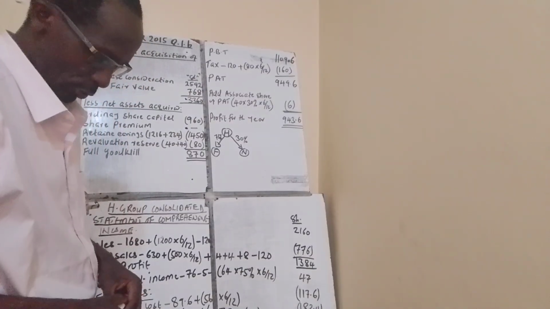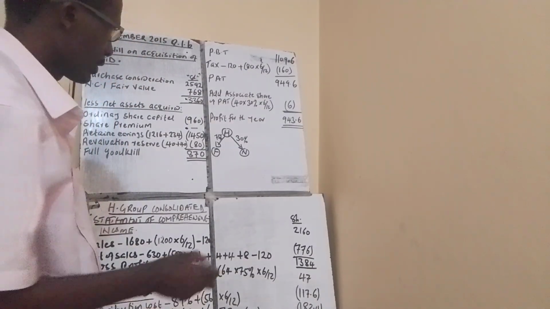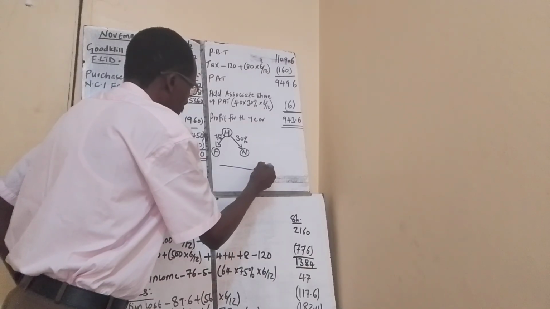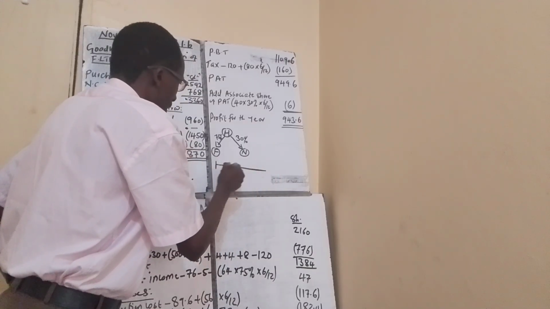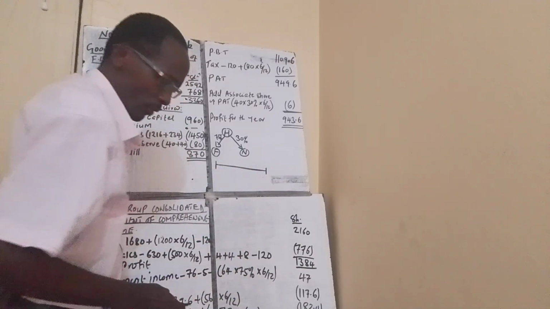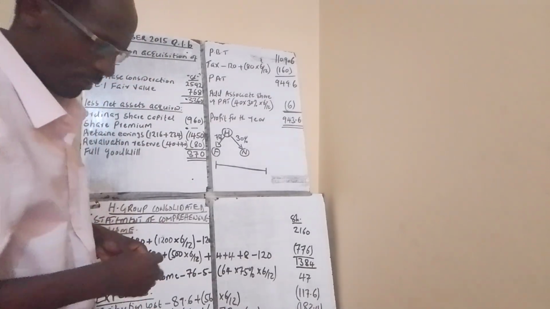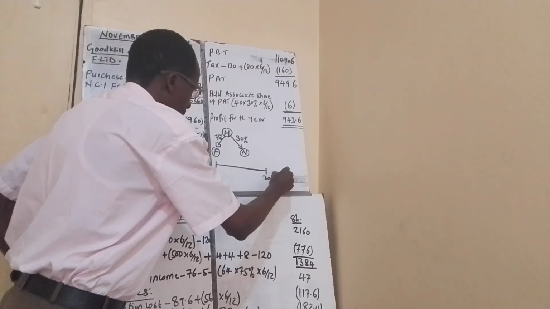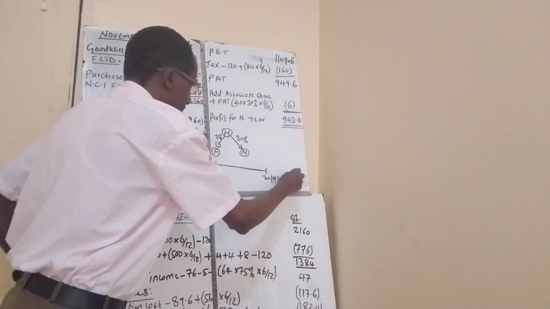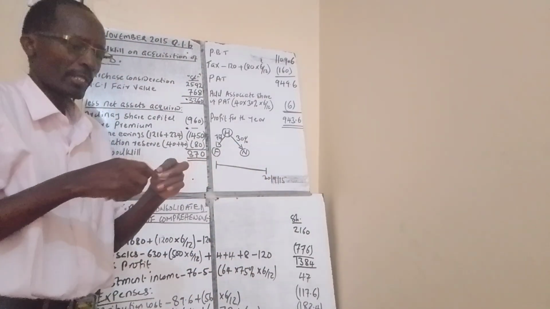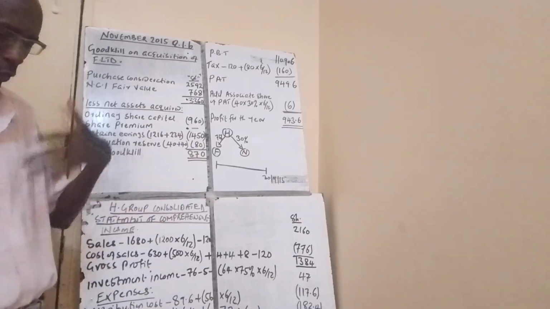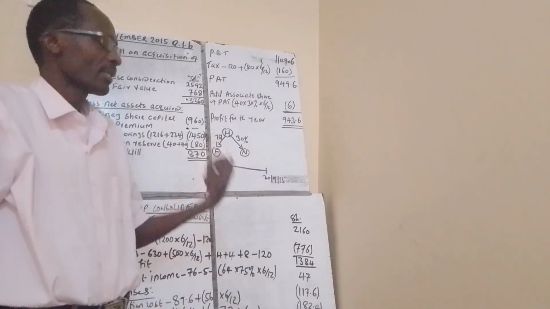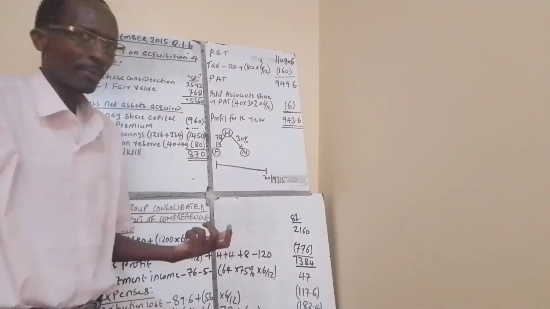Another important thing that we should note is establishing the dates of acquisition. Now we have been told that the year for this company ends in September 2015. You just look at the required portion where you are told to prepare a comprehensive income statement for the year ended September 2015.